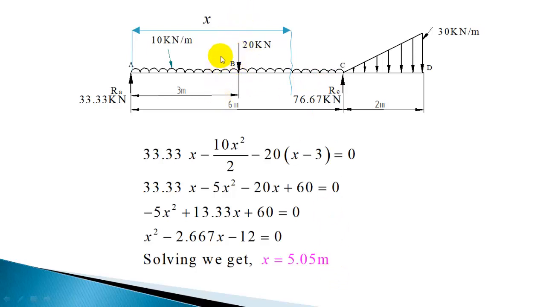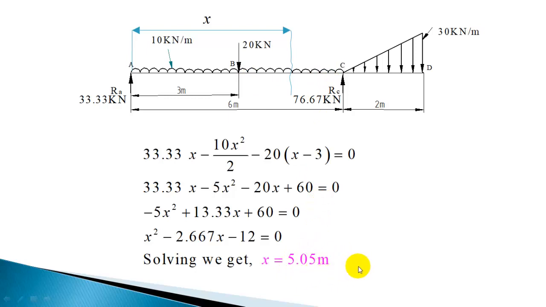So if you are getting say 1.5, that is not coming in the section BC and you should neglect it. So the values which are coming in that section have to be accepted as a solution. So x is 5.05. It is in the section BC. So that value has to be taken. In this case, the other value is negative, so you can neglect it.